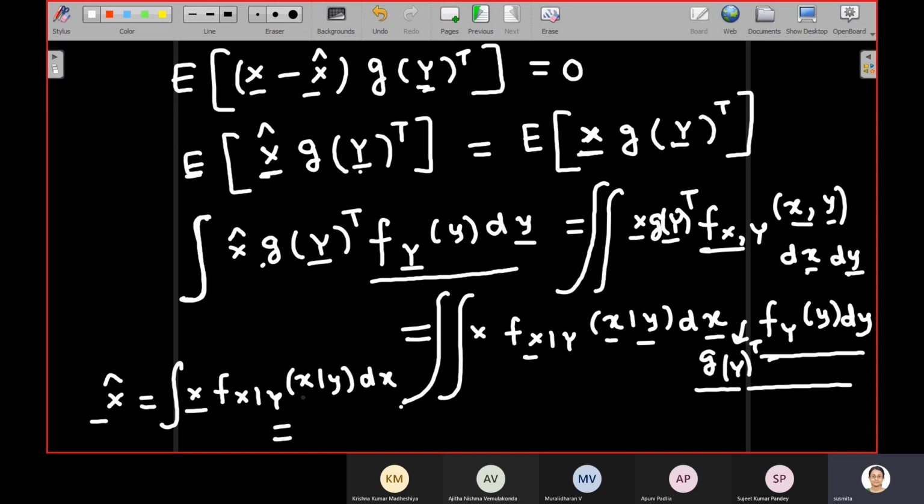And what is this one? Can you tell me what is the right side? Equal to? Conditional mean. Yes, this is the conditional mean. And we derived that the MMSE is the conditional mean, correct?